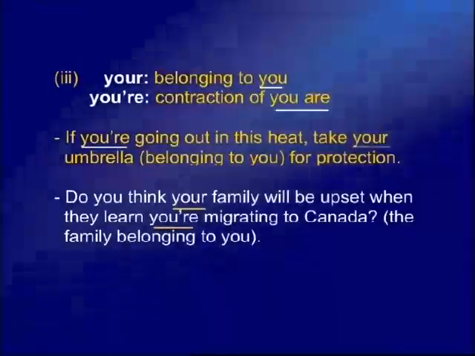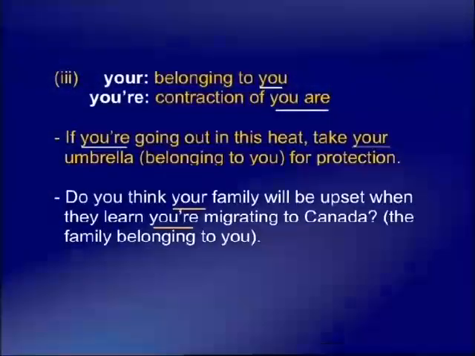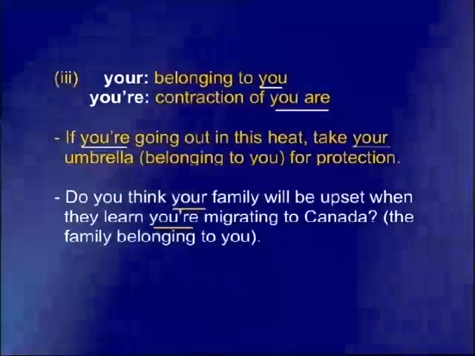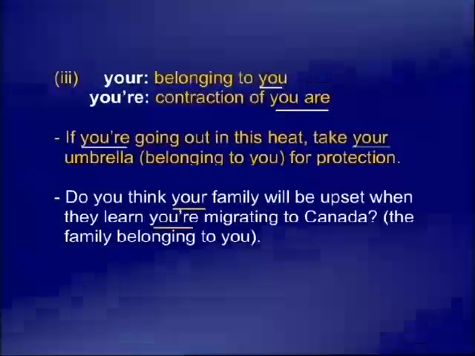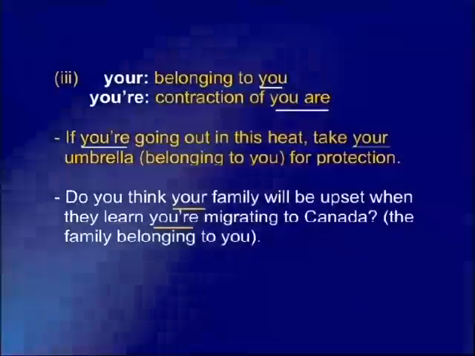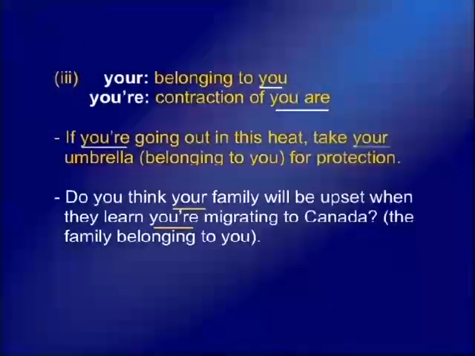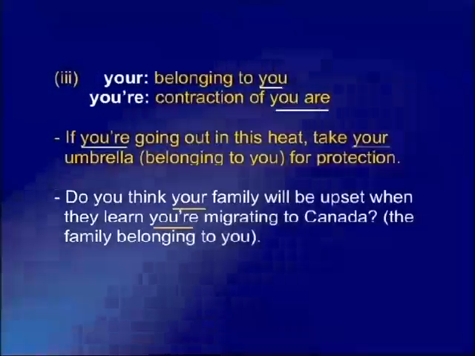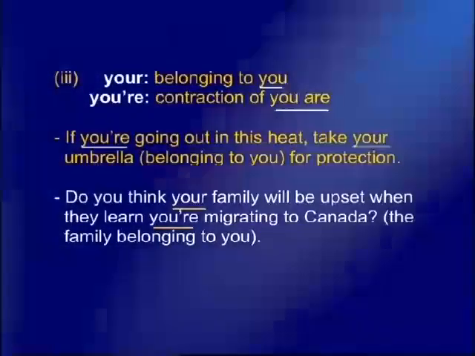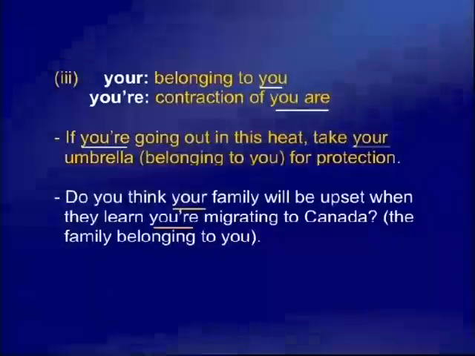Listen to the example. If you're going out in this heat, take your umbrella for protection. Now, the first you're is Y-O-U apostrophe R, a contraction of you are. If you're going out in this heat, take your umbrella, meaning the umbrella belonging to you, for protection.